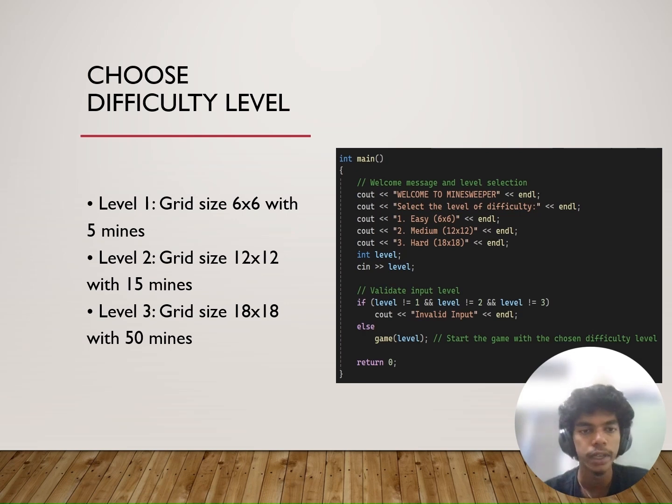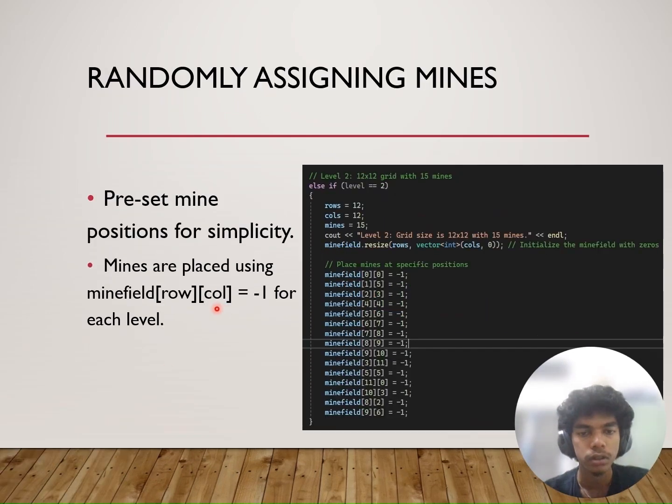So going forward, I'm just randomly assigning mines here. So I've taken level 2, for example, which is a 12 cross 12. I've initialized the number of rows.